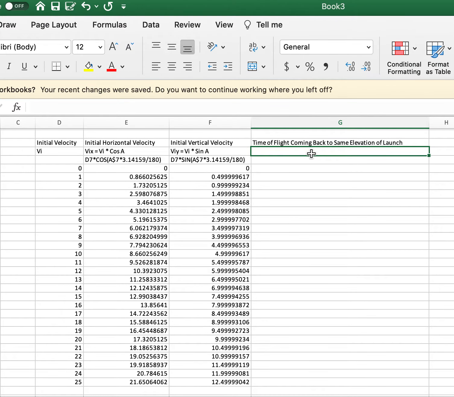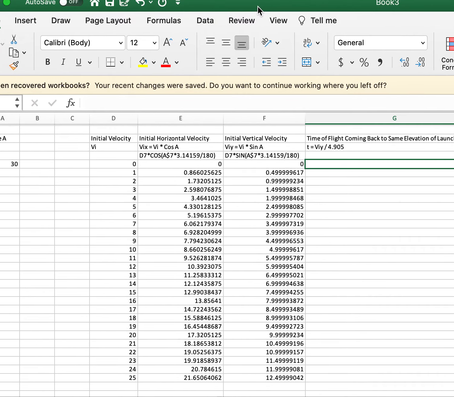All right, we want t to equal VIY over, you could just do 4.905, which is fine.